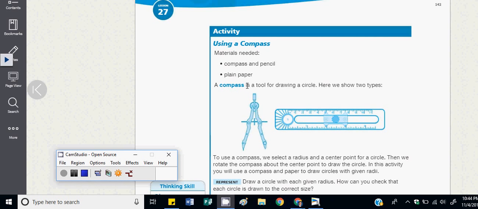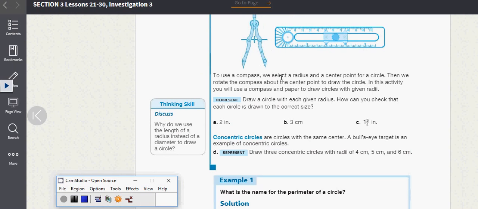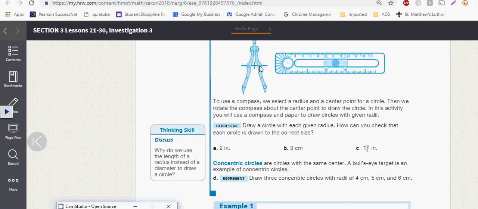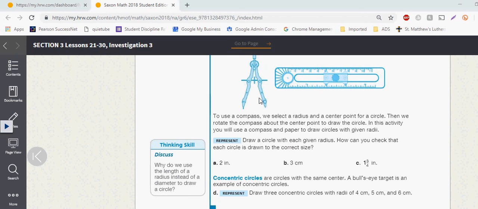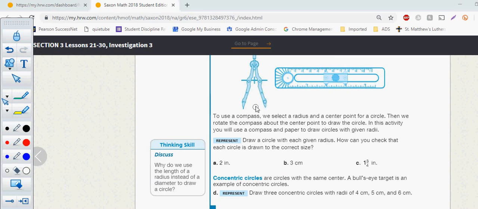To use a compass, we select a radius and a center point on our paper. So you pull your compass apart to the measure of your radius, because this is going to end up circling around from the end point, which I'm going to guess is right here.